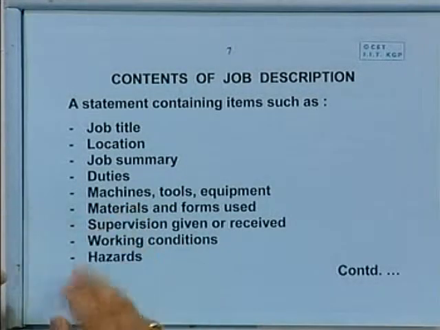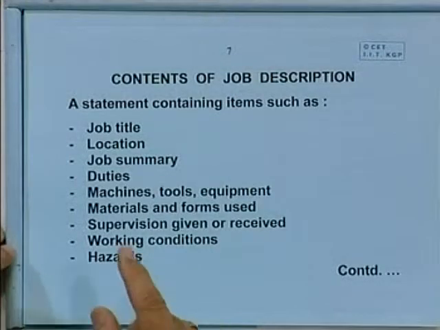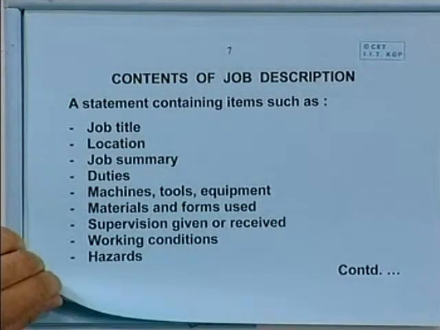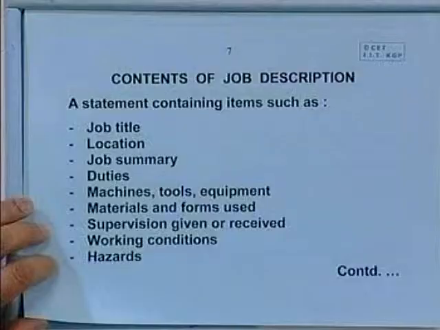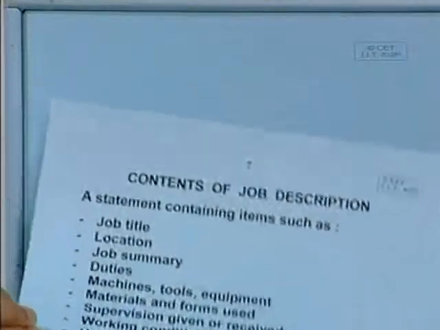That's the difference. Location, job summary. Location means where he is sitting, which office. Is he Delhi based, Bombay based? If there are two factories, is he sitting in the Powai factory or Borivali factory? Job summary, duties, machine, tools, equipment, materials and forms, supervision given or received, working conditions and hazards.